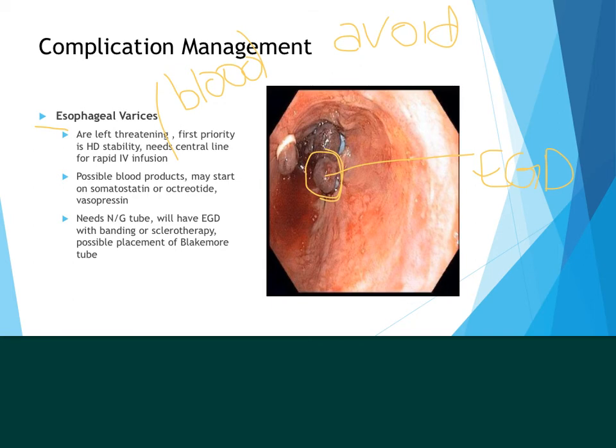When you're looking through here, sclerotherapy, that is a medication that we can give through a needle that will sclerose these varices and help them to not bleed. And then the Blakemore tube, you guys will learn about the Blakemore tube when you learn about upper GI bleeds. The Blakemore tube is utilized when someone is bleeding. It helps tamponade or shut off the bleed. So we're not going to talk about the Blakemore tube at this time.